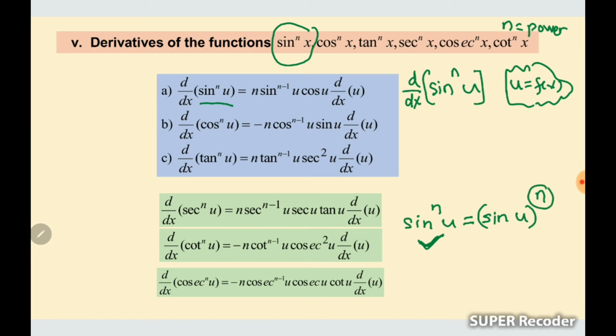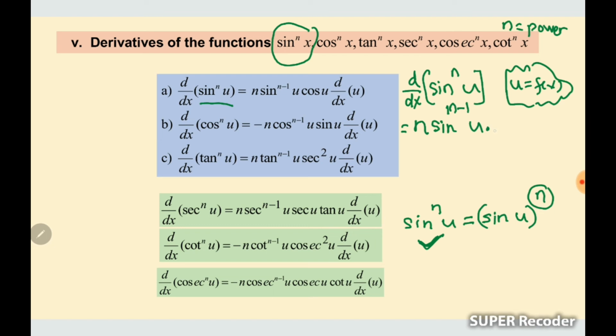So by using the power rule, n is the power, you can bring n in front, then you copy sine u, but don't forget the power for sine, you must minus 1. Then you haven't finished yet.